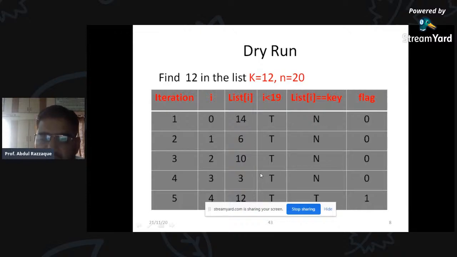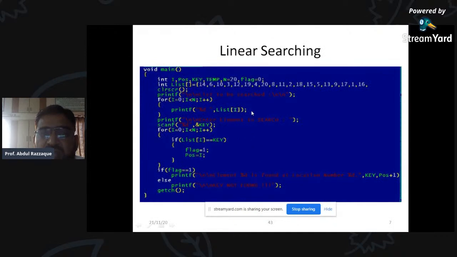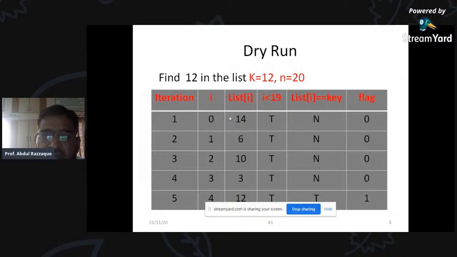So let me go to the previous slide. We are searching 12. So 0, 1, 2, 3, 4. When the value of I is 4, what will happen? When I is 4, list of I will be 12, and I is less than 20.